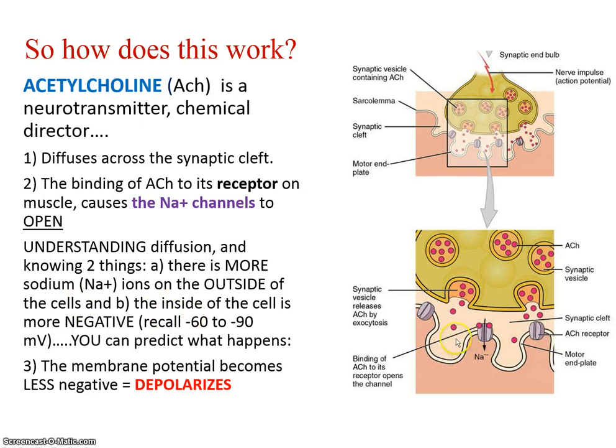There is more sodium outside the cell, and therefore there's a charge. Before the sodium ever entered, there was a charge across here. Because sodium's high out here and low in here, we had positive, positive, positive outside and negative inside. We always measure with a probe inside, so we say negative 60 to negative 90. So the outside to the inside of the cell was charged before this happened.